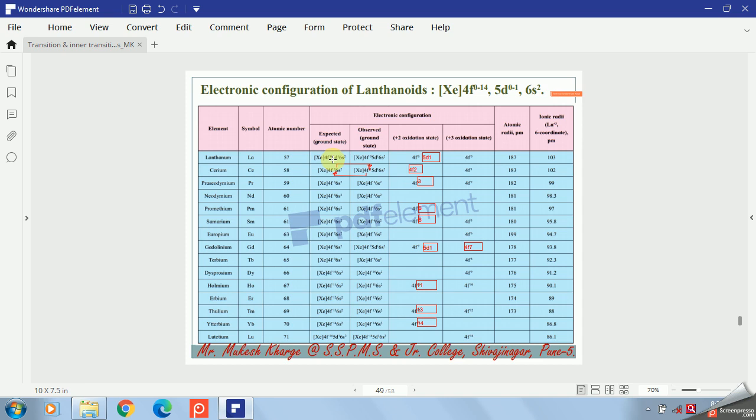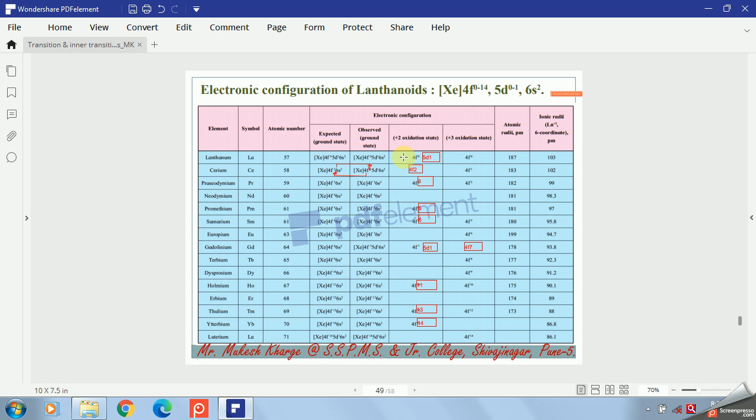So this is the expected electronic configuration, and the same is the observed electronic configuration. As it is a d block element, there is no electron in the 4f orbital. So remember this.